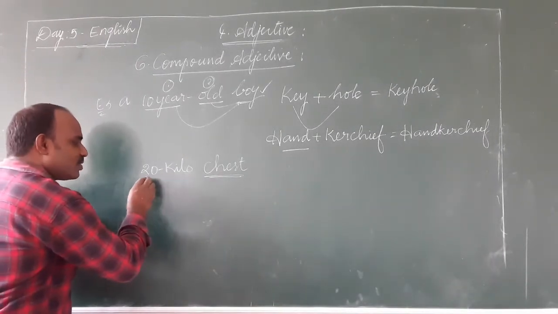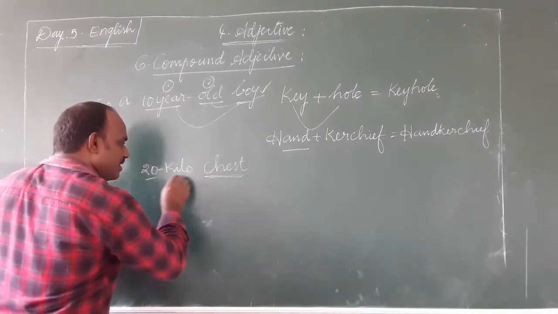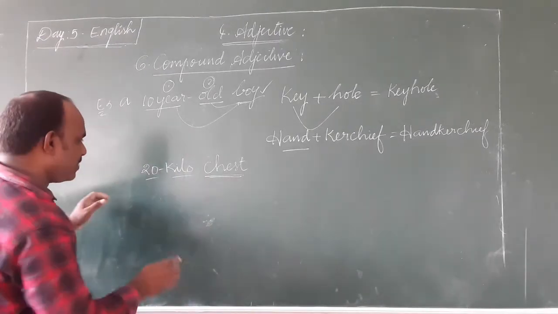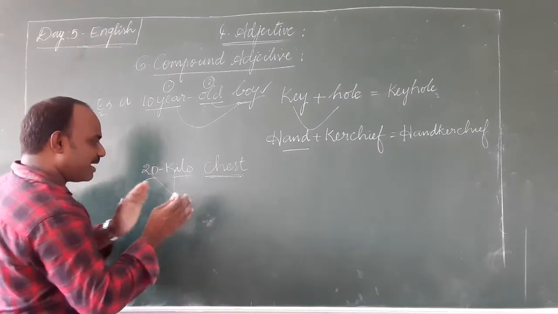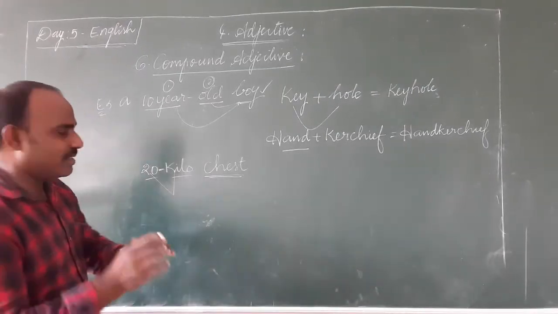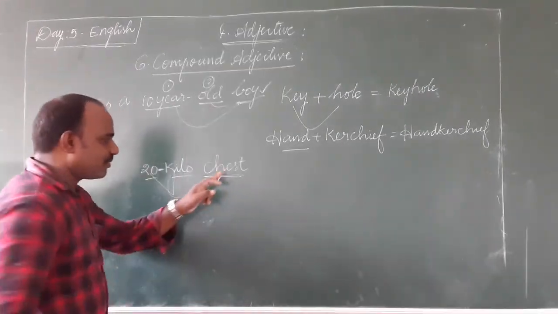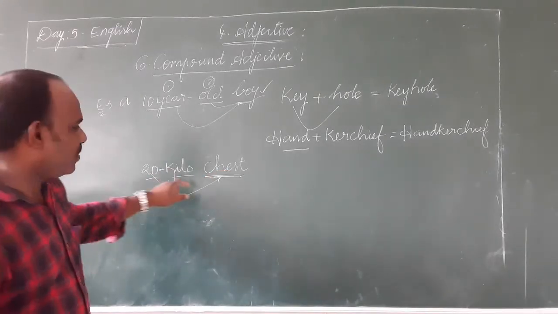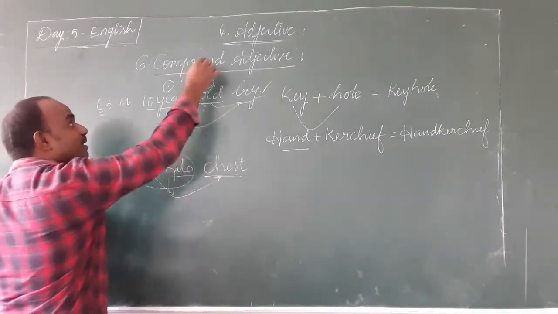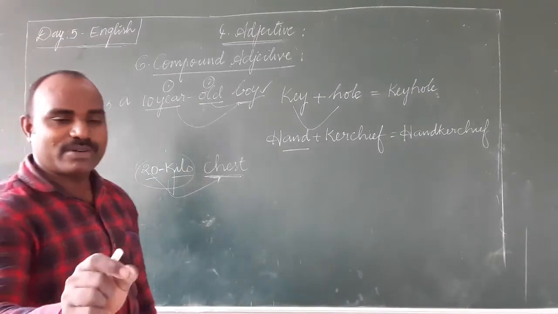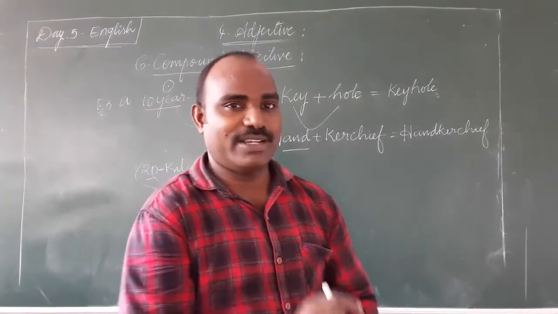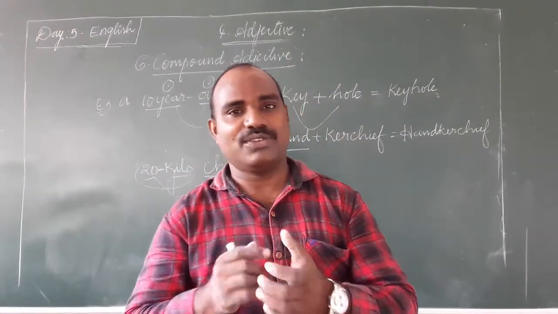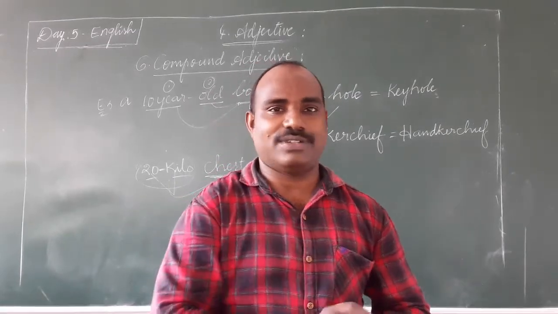You see, 20 is one individual word, kilo is another individual word. These 2 individual words are hyphenated, joined together, and describe the thing, chest, here. So it is called a compound adjective. Generally, compound adjectives are hyphenated. We separate the words with hyphens, either 1 or 2 hyphens.